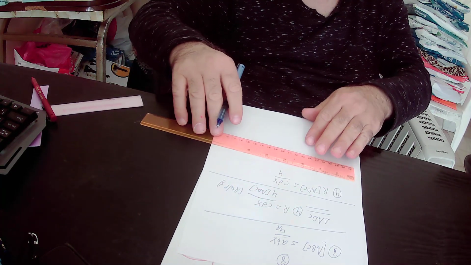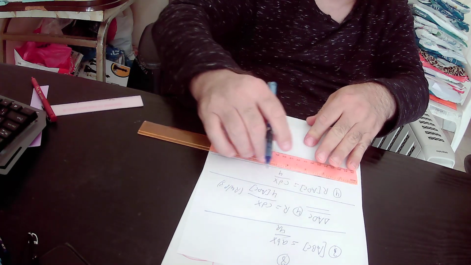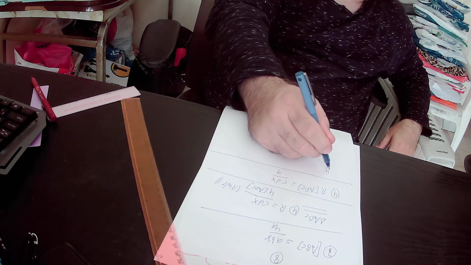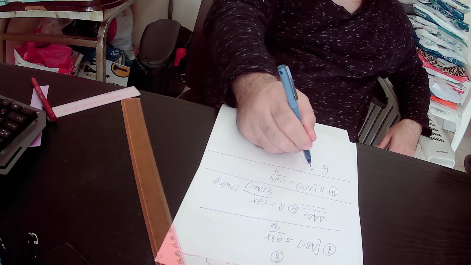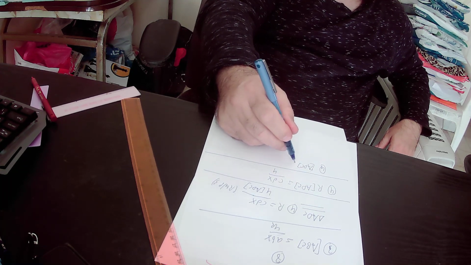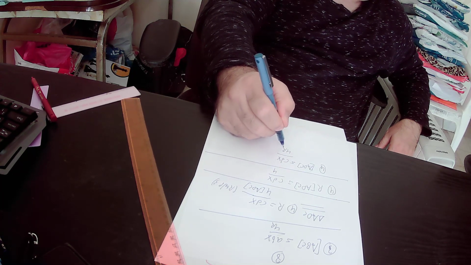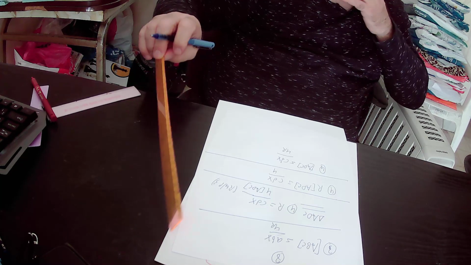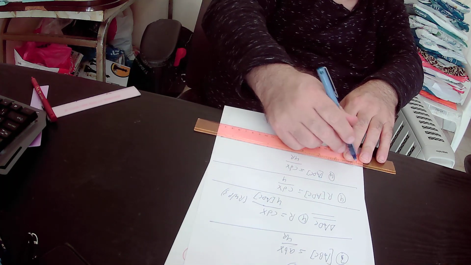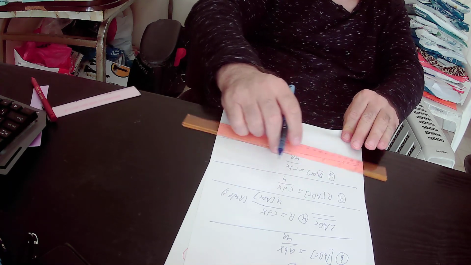Here we will divide equation number 4 by R, and we will get that the area of triangle ADC, according to equation number 4, equals CDX over 4R. Okay? So we actually found out the areas of triangles ADC and ABC. Okay?